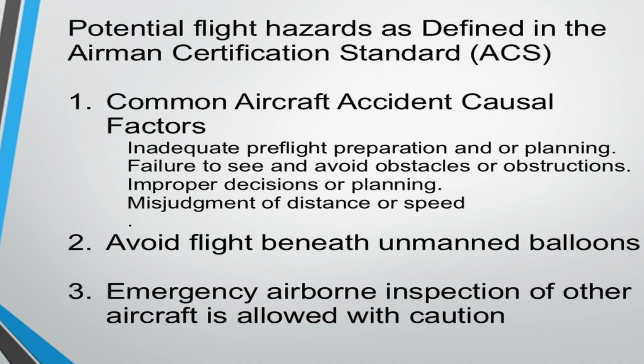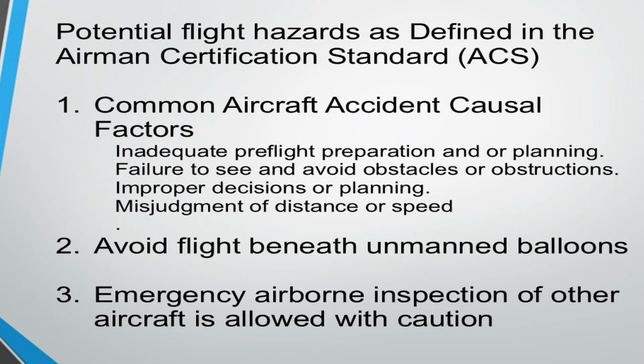Potential flight hazards, as defined in the Airman Certification Standard, ACS, are the common aircraft accident causal factors: inadequate pre-flight preparation and/or planning, failure to see and avoid obstacles or obstructions, improper decisions or planning, or misjudgment of distance or speed. You are to avoid flight beneath unmanned balloons. They may have a tether that you do not see.